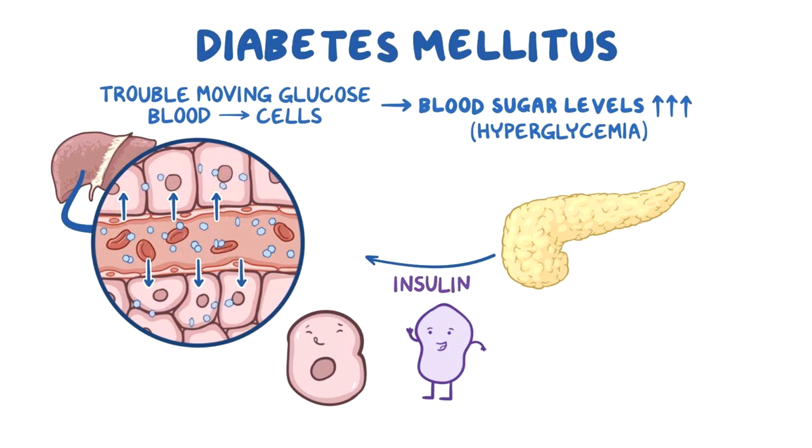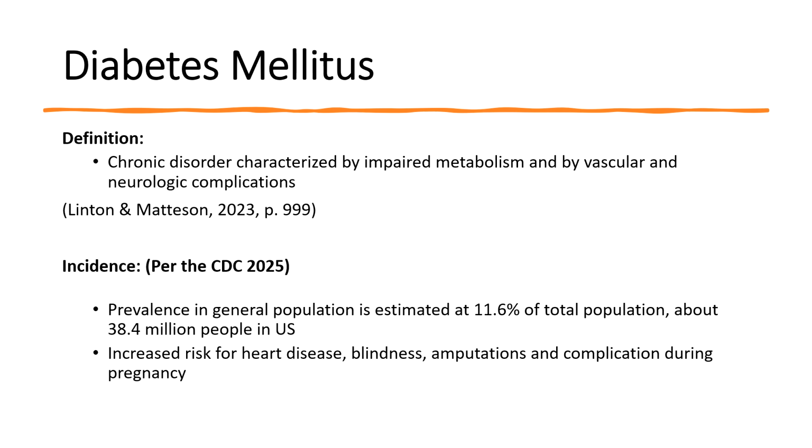So when we talk about diabetes, the word diabetes means sweet urine, okay? The term diabetes describes a group of characteristics where you have chronic hyperglycemia, so chronic high blood sugar, and an issue with metabolizing carbohydrate, fat, and protein.